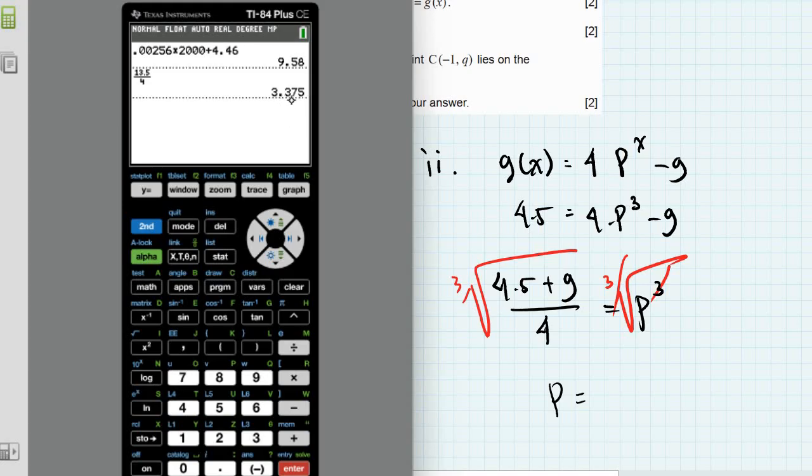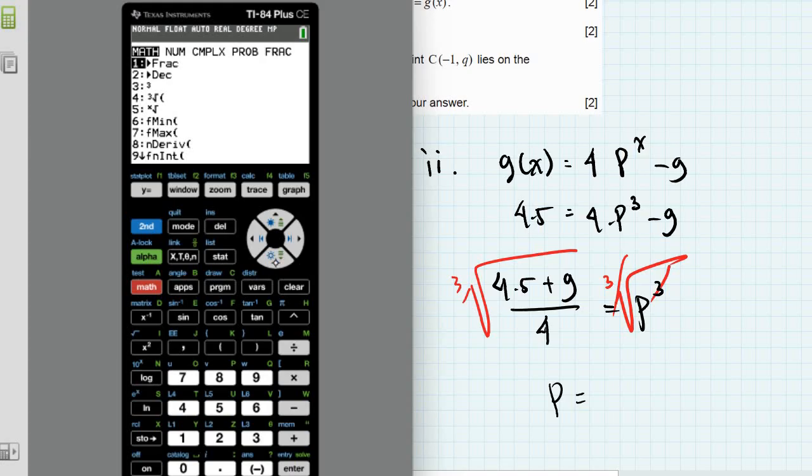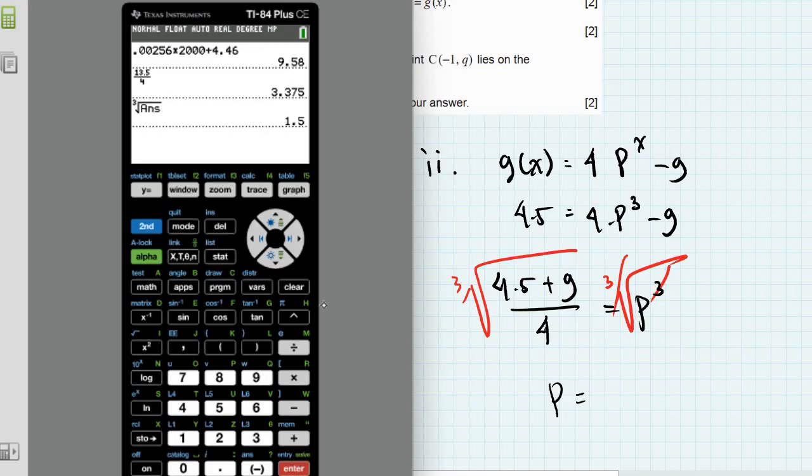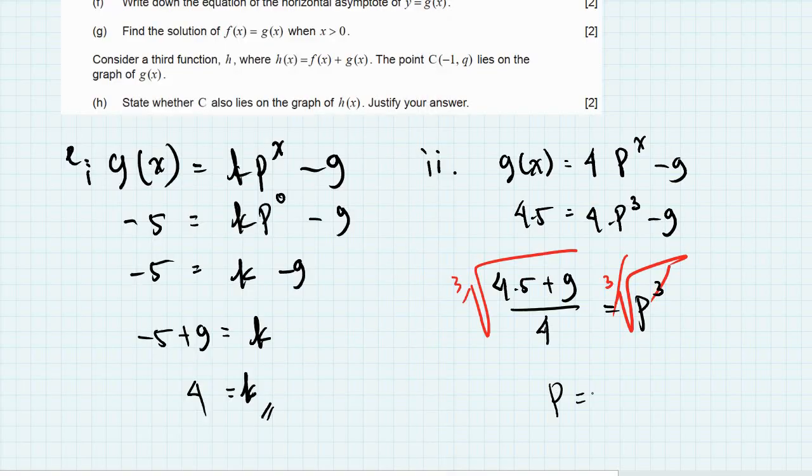So we have p is equal to 3.375. Oh, but we need the third root of that. I forgot we have to take the third root of that. So math, the third root of the answer. Enter. We have 1.5. So p is 1.5.